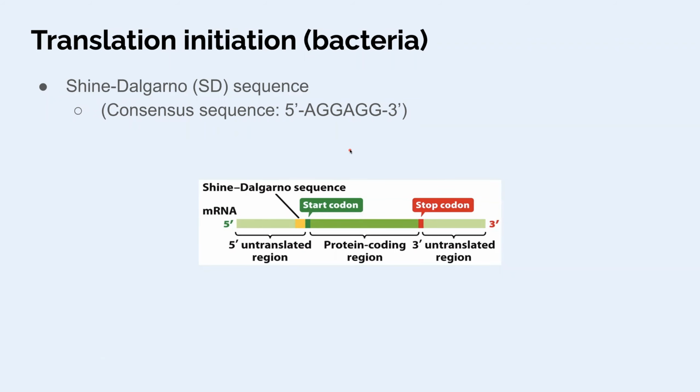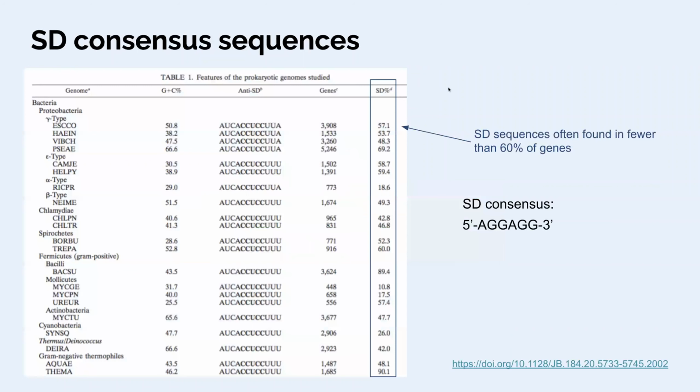A little note about the SD sequence is that according to this study here, it's not universal. So I think we have this programmed version of genes and cells.